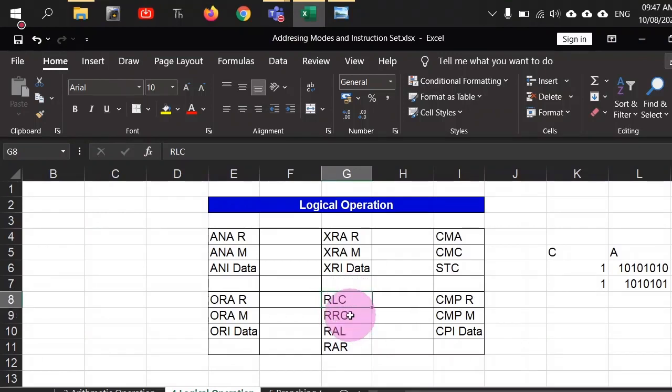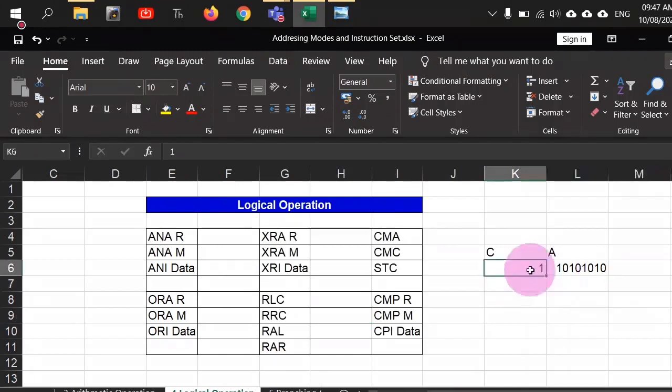rotation part, right? So if you want to use this RLC command, after the execution of this RLC command, the output would be 010101, and this last bit will be replaced by this particular one. Carry flag will not be involved in rotation when you use RLC command or RRC command. However, carry flag will be involved in the sense that, see this accumulator, let me just erase out this result.